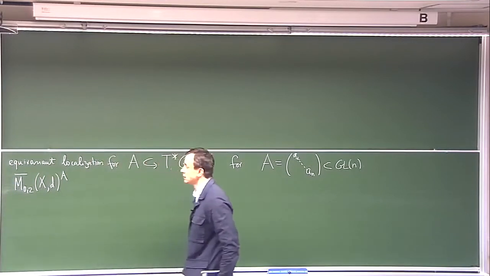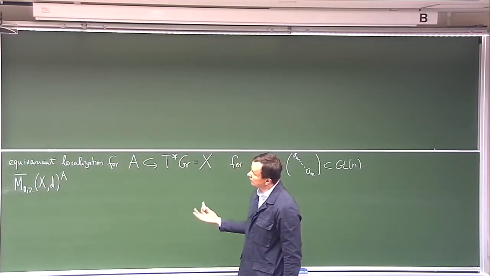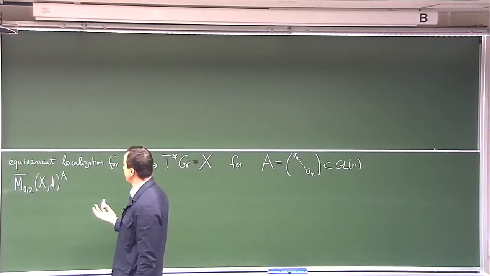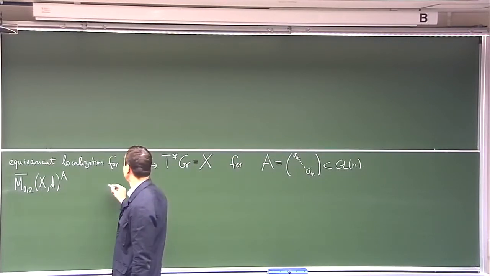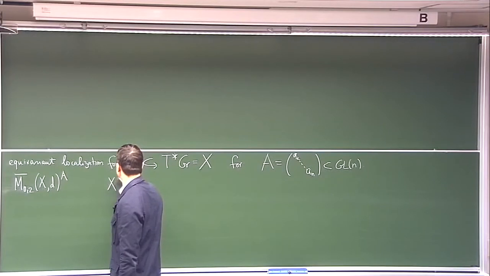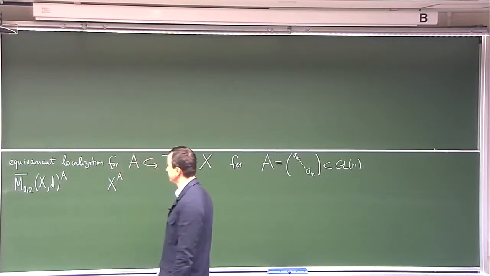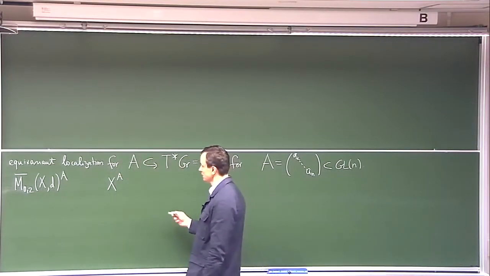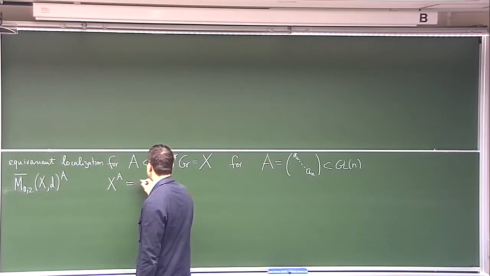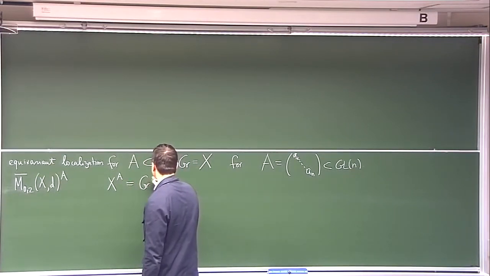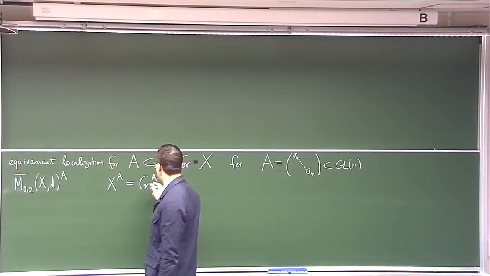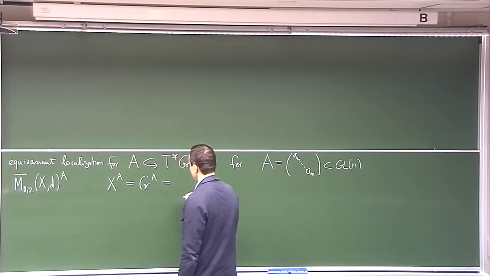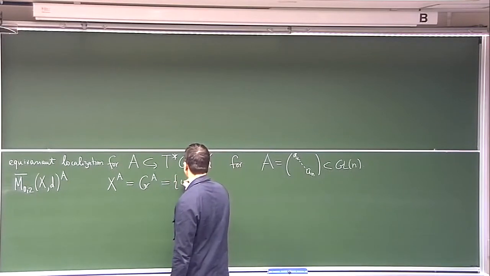What are they? Well, maybe the first thing is to think about what the fixed loci in X itself are. Well, in X itself, I claim first of all that this is just the fixed loci in the Grassmannian itself, and this corresponds to coordinate subspaces.